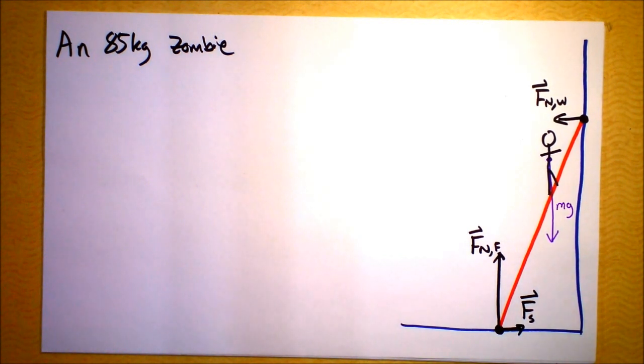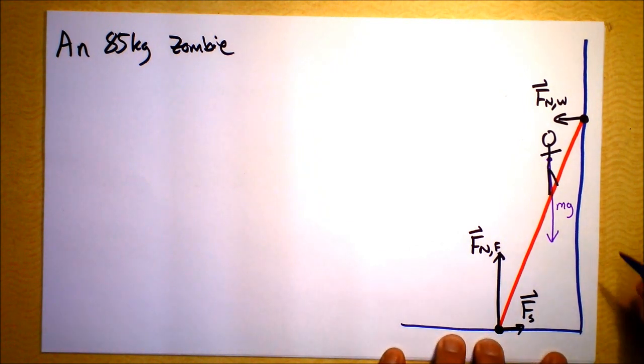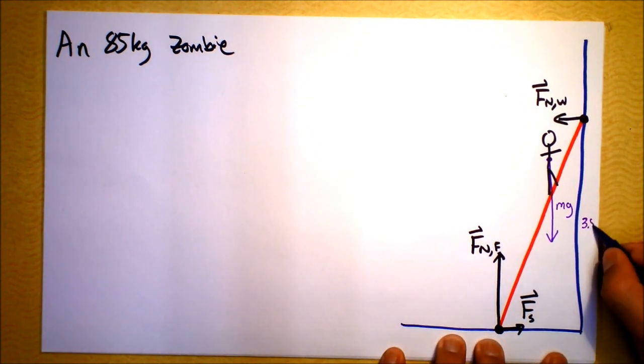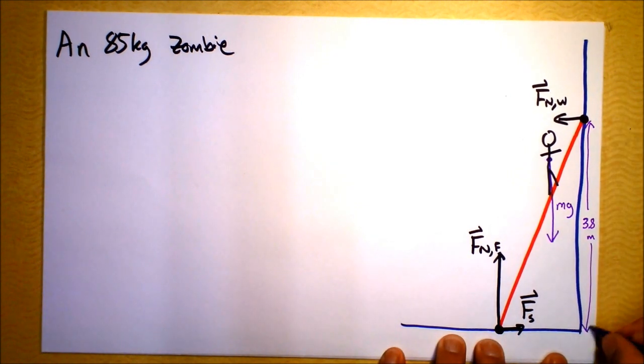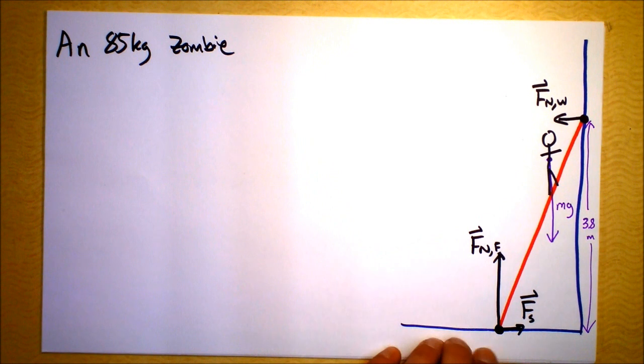The other thing that we're told is that the ladder hits the wall at 3.8 meters up. That's 3.8 meters above the ground. And we also know the distance between, see, when they give you these problems, they're going to give you all kinds of different options for what numbers they can tell you.